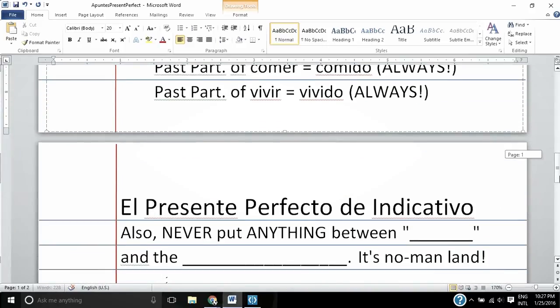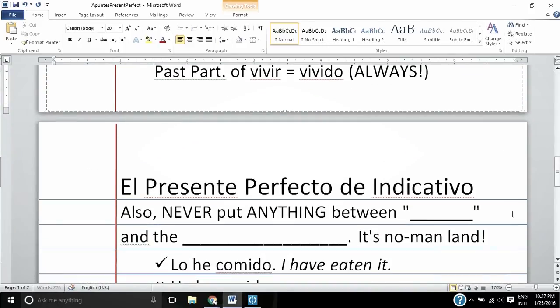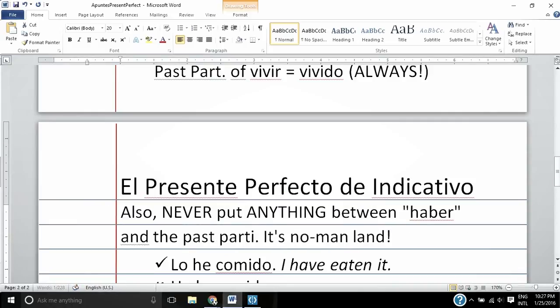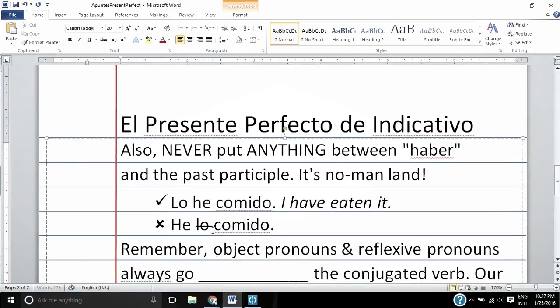A couple other things to worry about. There is a no man's land. Never, never, never put anything between your form of haber and the past participle. Never. So, for example, I have eaten it. Lo he comido. Perfect. That is a perfect sentence. However, he lo comido, that's ugly, terrible. Don't do it.